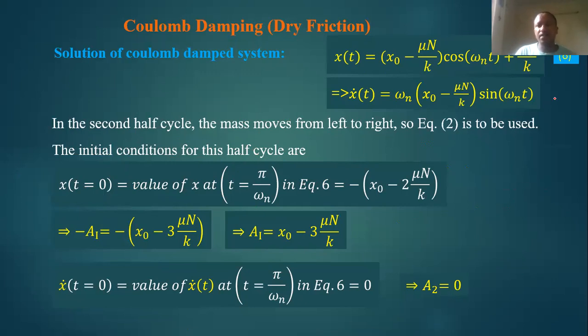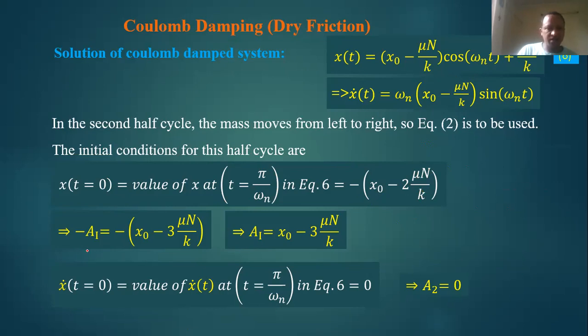When we apply t equal to pi over omega n in equation 6, we get minus x naught minus 2 mu N over k.